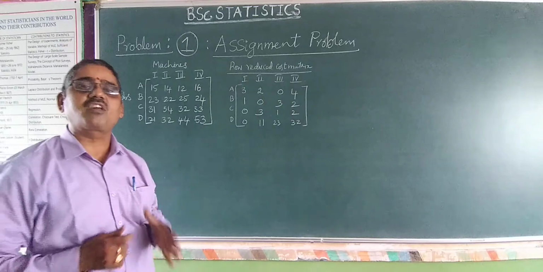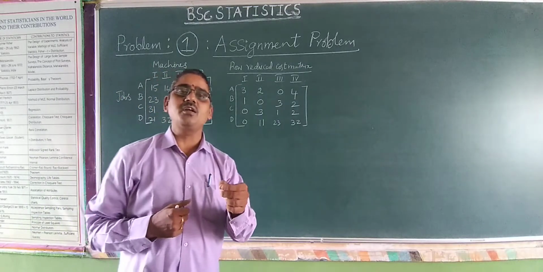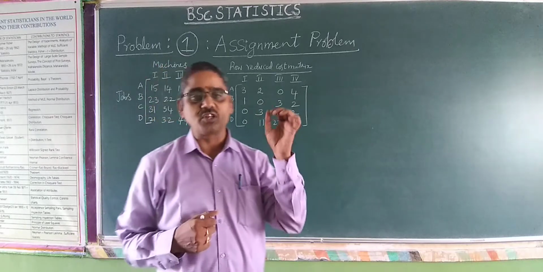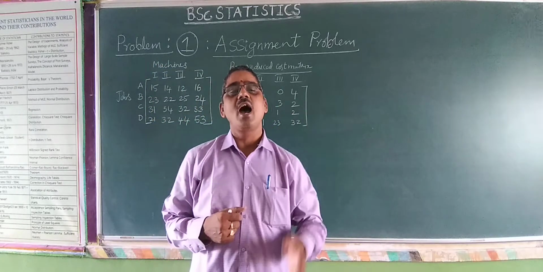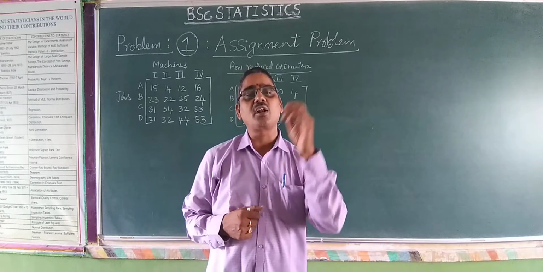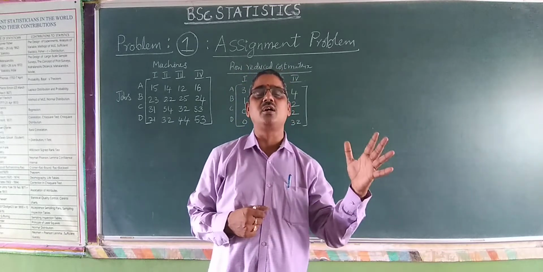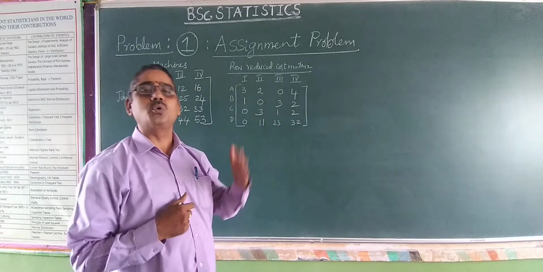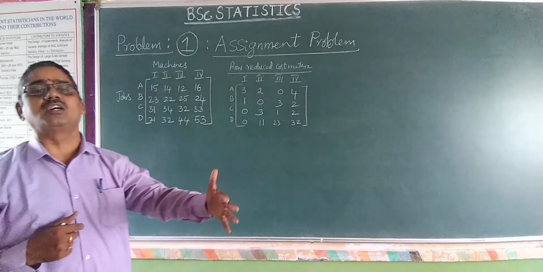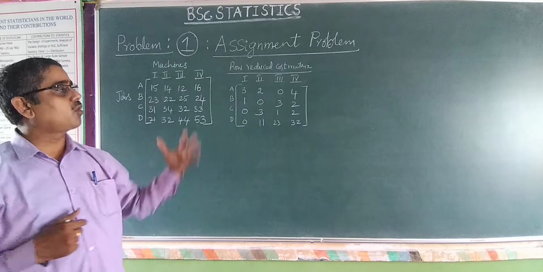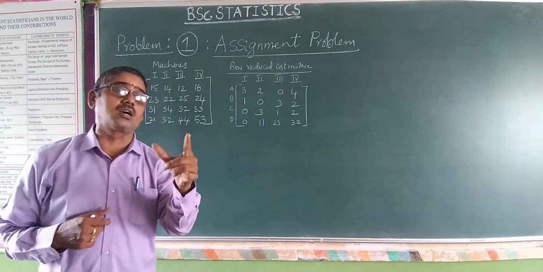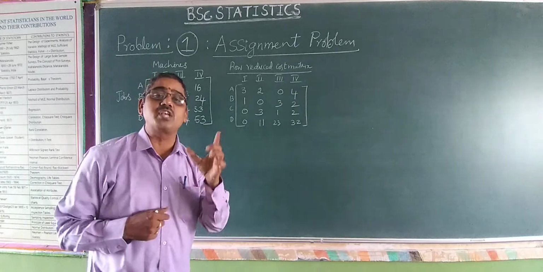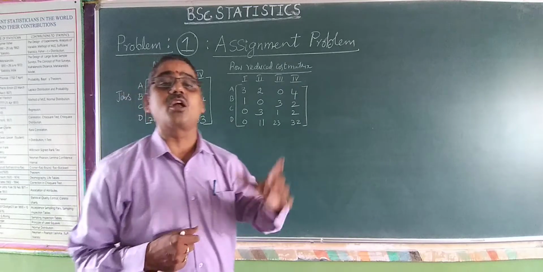What is the procedure for rows? You consider the minimum cost in the first row, second row, third row, fourth row, and subtract that particular element from all the elements in that respective row. Continue this procedure for all the rows, so that you obtain a row reduced cost matrix, with at least a single 0 in each and every particular row.